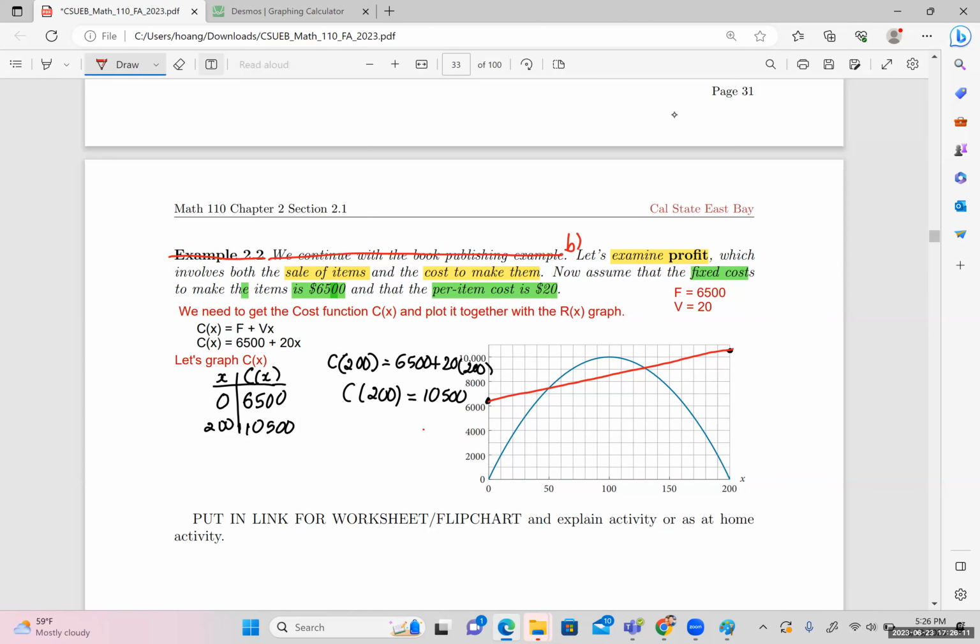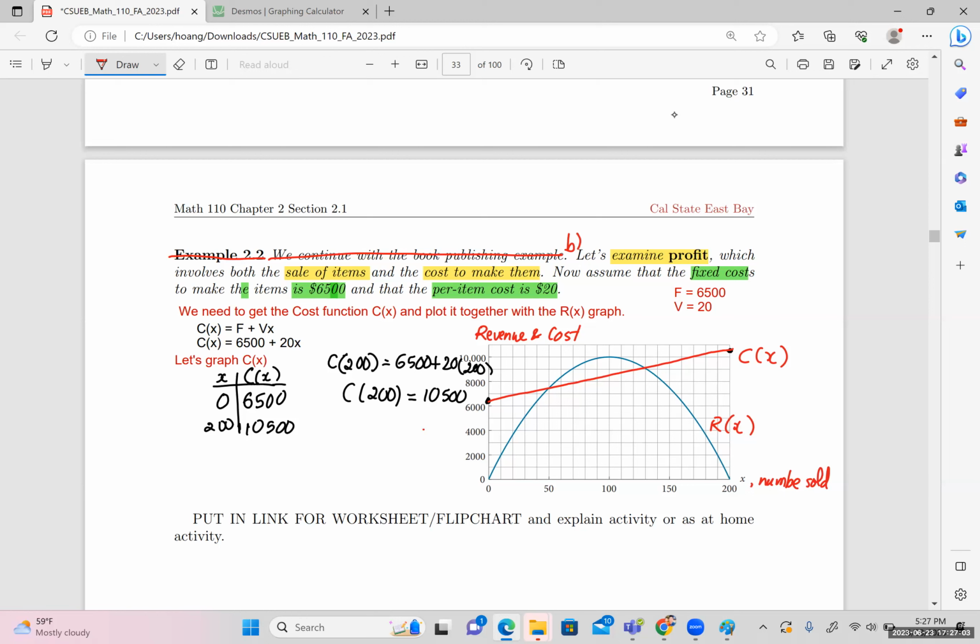So we will have this as the cost function, and the blue one as the revenue function. For the axis labels, the y-axis is revenue and cost, and the one below, the x-axis, is the number sold.